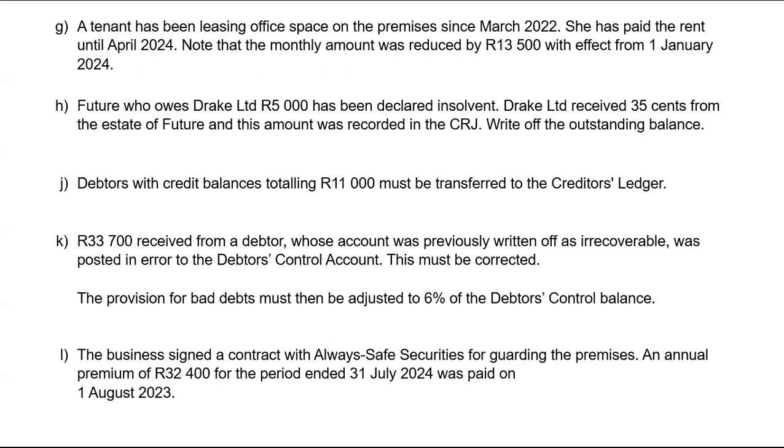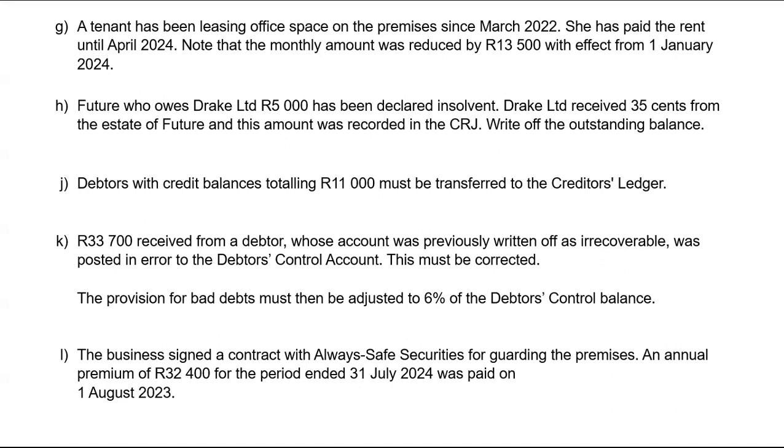Now, G says that a tenant has been leasing office space on the premises since March 2022. She has paid the rent until April 2024. Note that the monthly amount was reduced by 13,500 with effect from 1 January 2024.